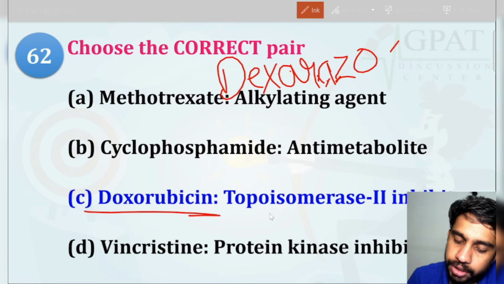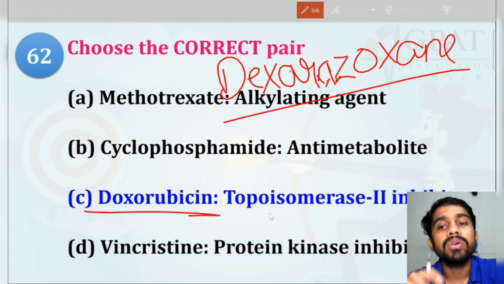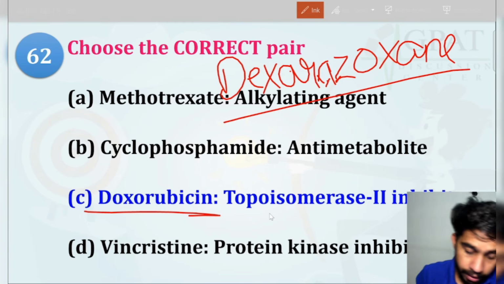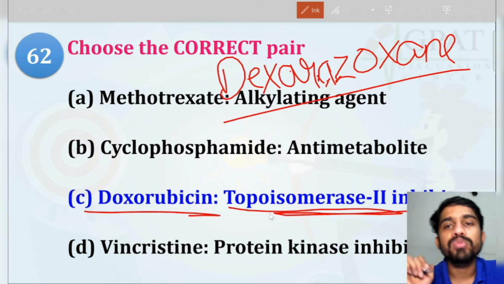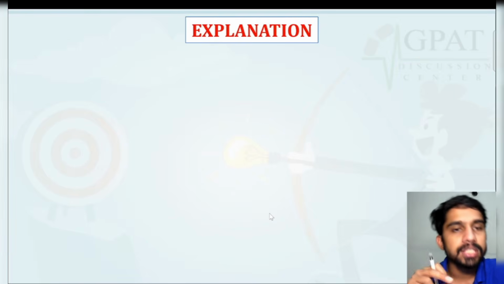This is an iron chelator, and it is used to manage the cardiotoxicity caused by doxorubicin. And what are the other topoisomerase 2 inhibitors? Namely etoposide and teniposide are also there. So the correct answer is option C.